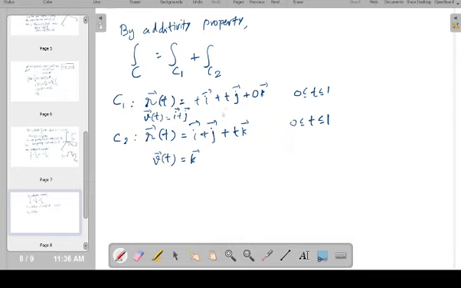Now what is modulus of V of t for C1? Absolute value of that vector is root 2, and for C2 modulus of V of t is 1. Okay. Therefore, what is our f? Remember, our f is x minus 3y square plus z.